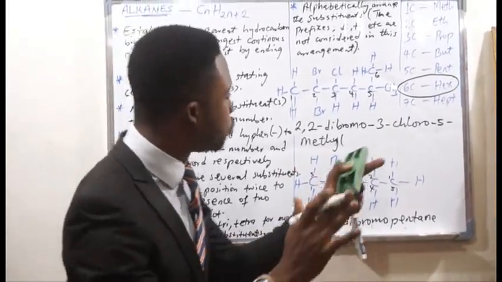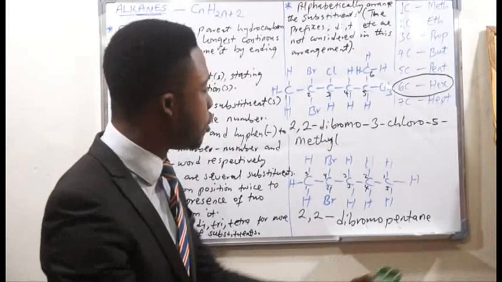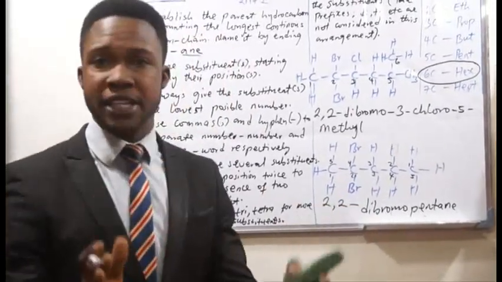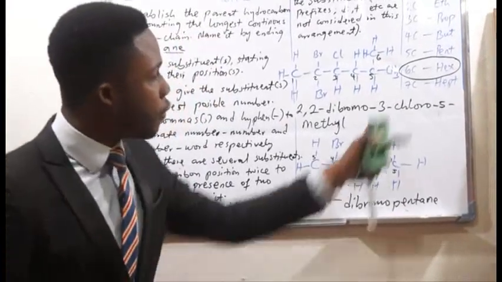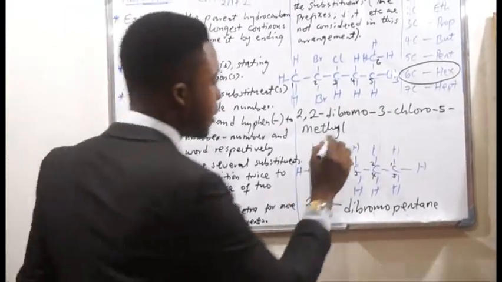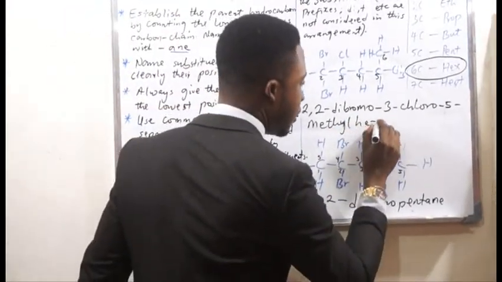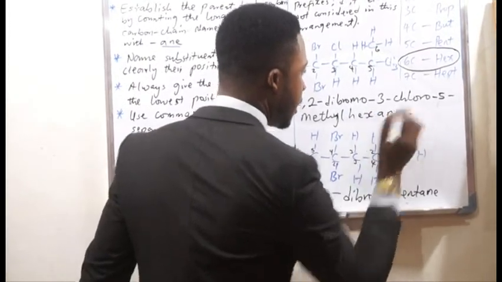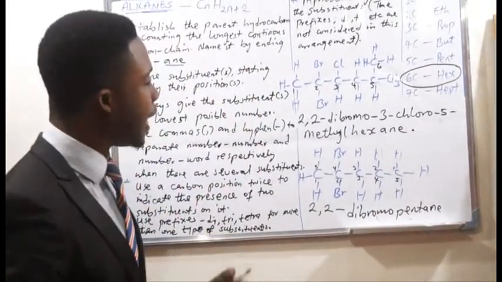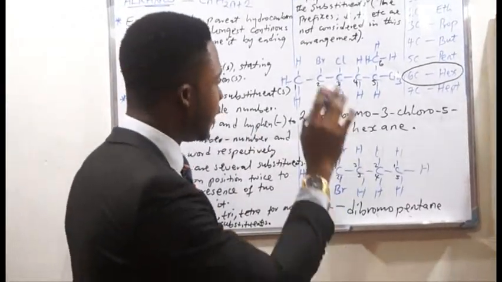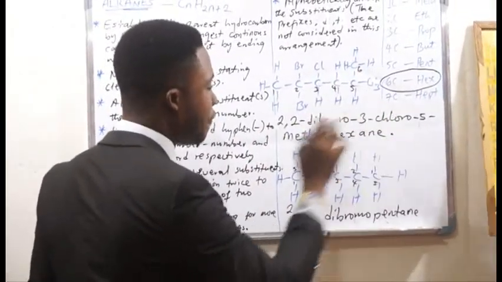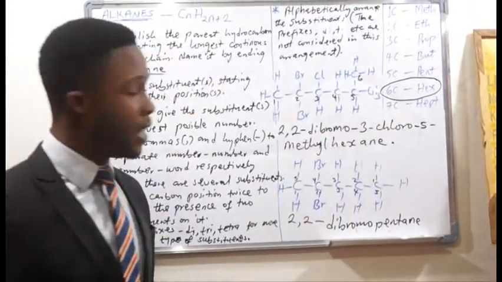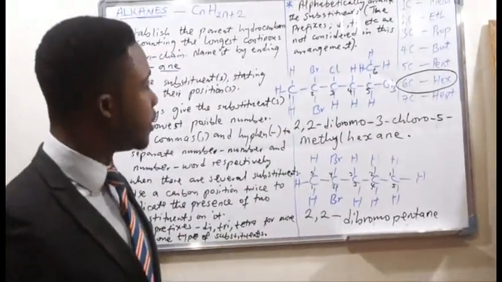So we have been able to indicate their numbers, their positions, and what is left now is the parent name. Remember, we established that it's a 6 carbon compound falling onto hexane. Therefore, we can add our hexane. 2, 2 dibromo, 3 chloro, 5 methyl hexane is the name of this compound.